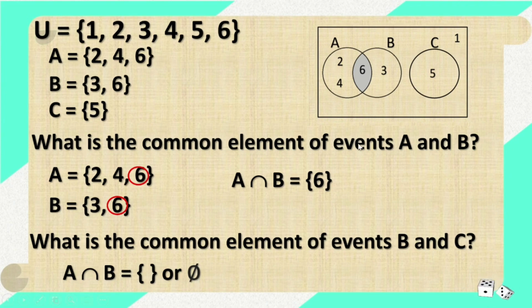Kung titingnan natin sa Venn diagram, yung naka-shaded portion, ito yung intersection ng A and B, the common element, which is 6. Sa event B and C, since wala silang common element, so hindi sila nag-overlap. Okay?